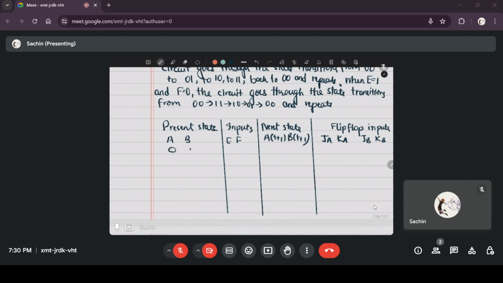So the present state could be 0 0, and corresponding to that the inputs can be 0 0, 0 1, 1 0, or 1 1.